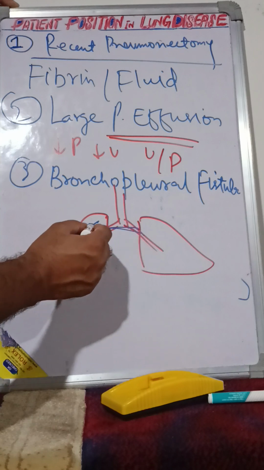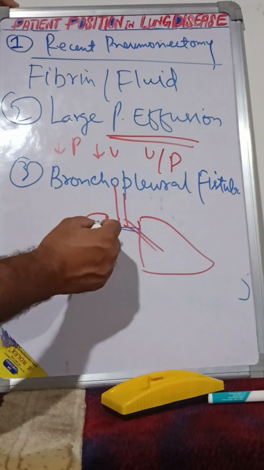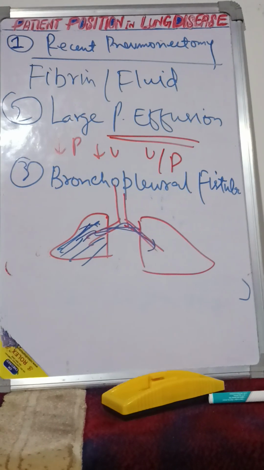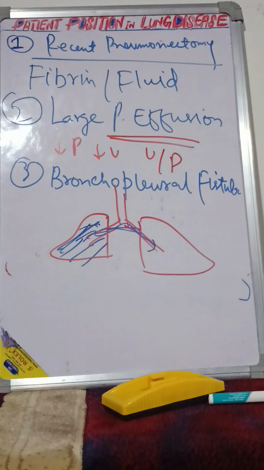The unwanted pathological waste will go into the normal side lung. That is why bronchopleural fistula is also an exception to bad lung up.